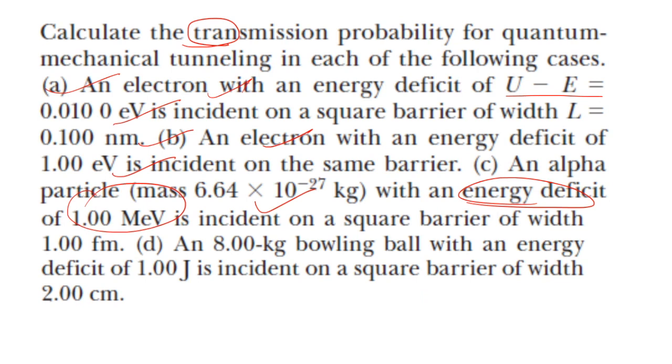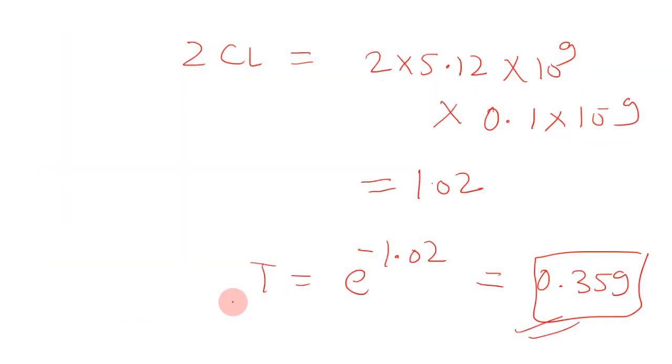For the D part, an 8 kg bowling ball with energy deficit of 1 joule is incident on a square barrier. See, this is a macroscopic particle. So from here only you should know the tunneling probability should be very less. But we'll calculate it.